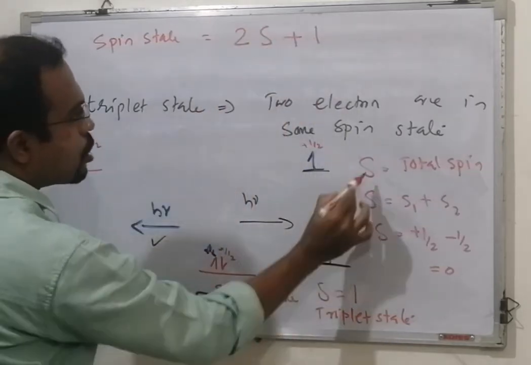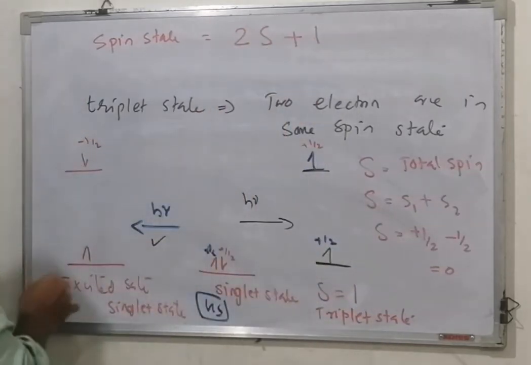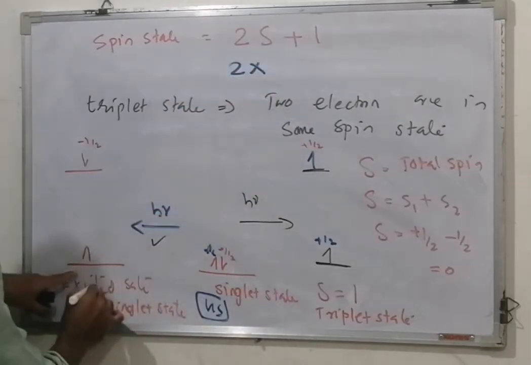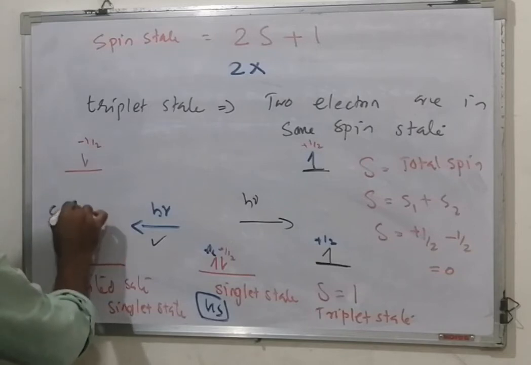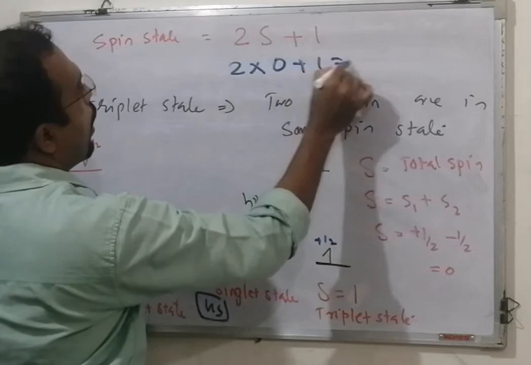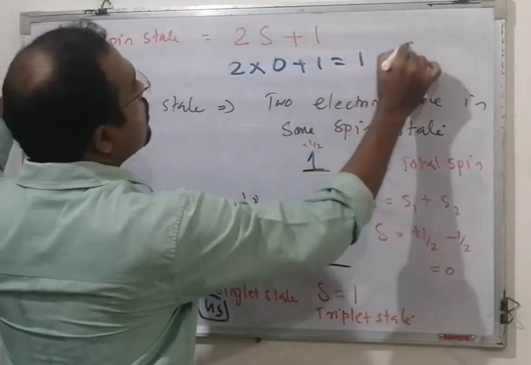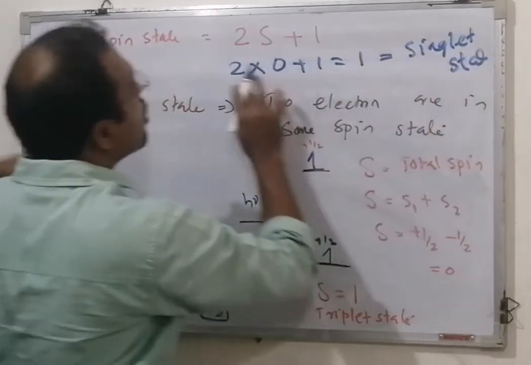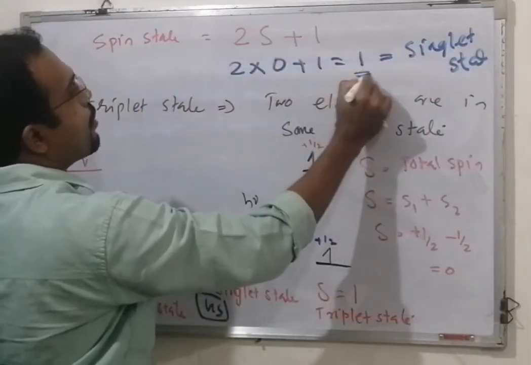What is S? The total spin. In the singlet state, the total spin S is equal to 0 because plus and minus cancel. Therefore, this is called a singlet state, because the 2S plus 1 value is 1.